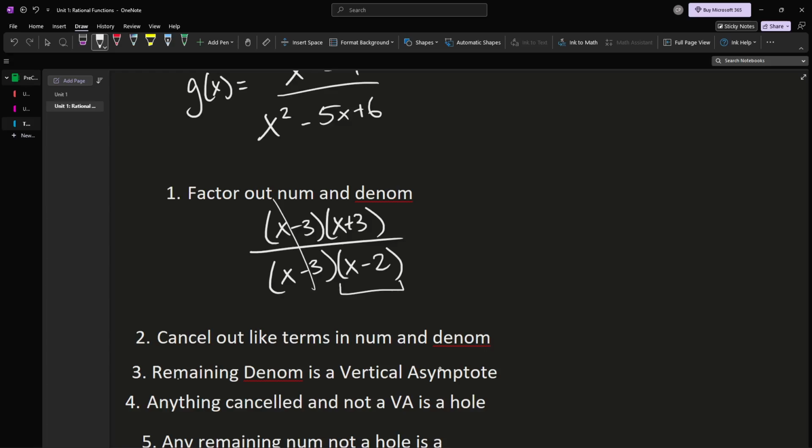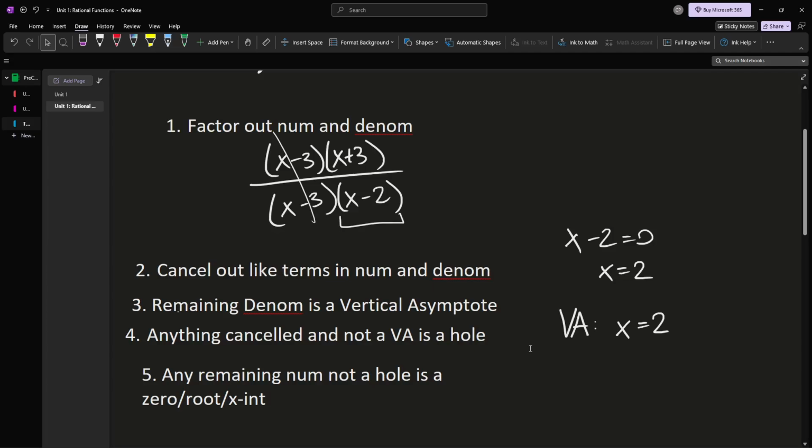A vertical asymptote means my function is not reaching that point. Asymptote means I'm not touching it. So if it can't exist at that point, I'm dividing by 0. So I'm setting this equal to 0 and solving: x minus 2 equals 0, so x must be 2. Vertical asymptote is at x equals 2.